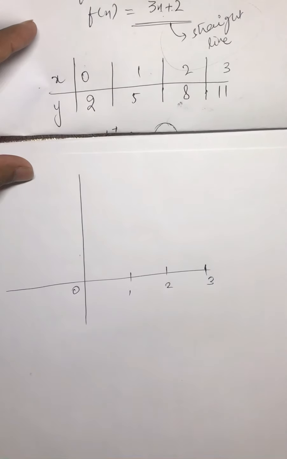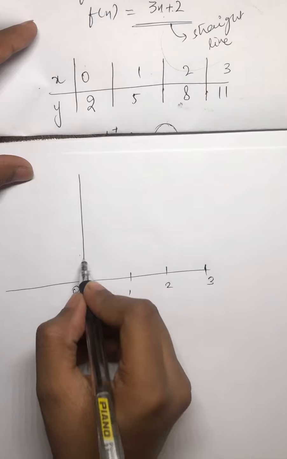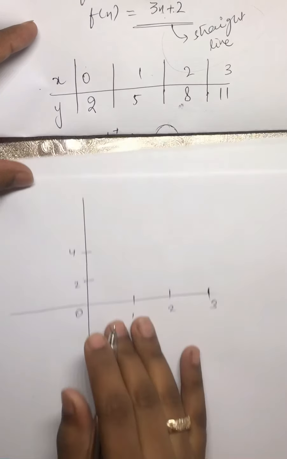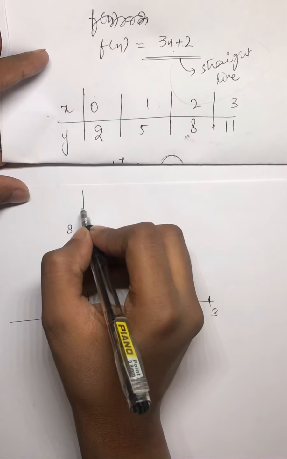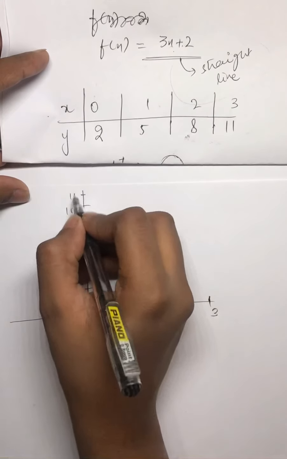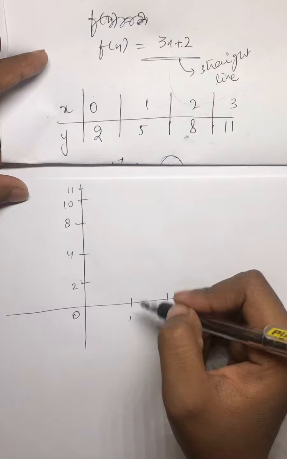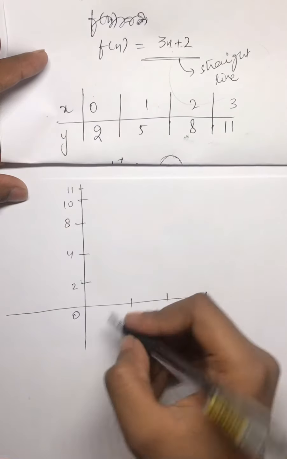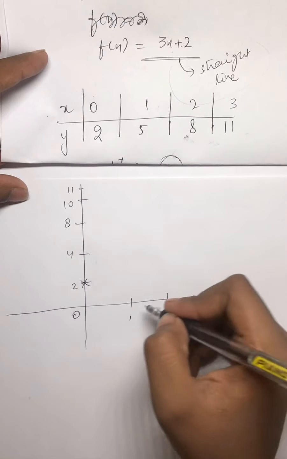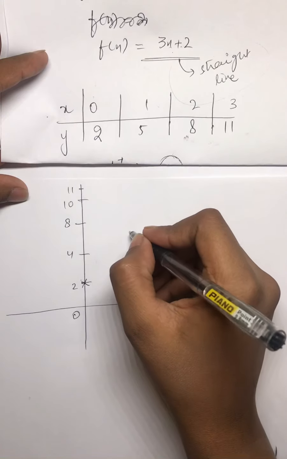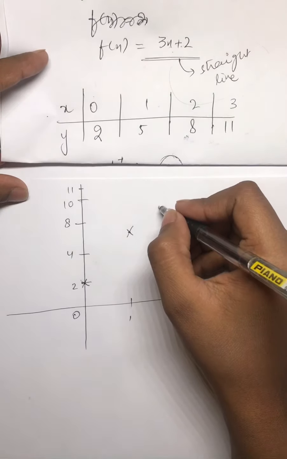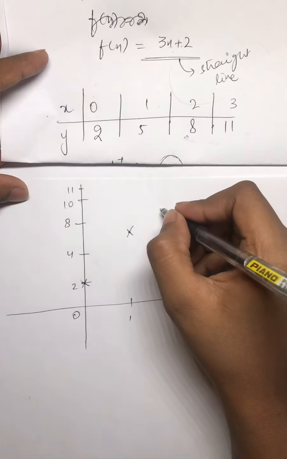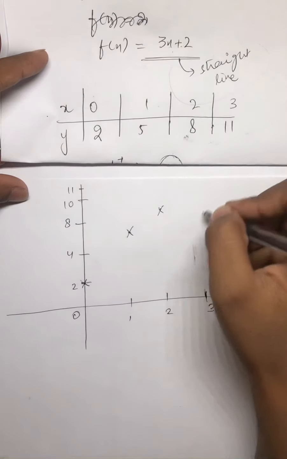So I'm going to make 2 units: 2, 4, 8 and then 10 and then 11, right? And for x is 0 it is 2, then for 1 it is 5, then for 2 it is 8, and for 3 it is 11.